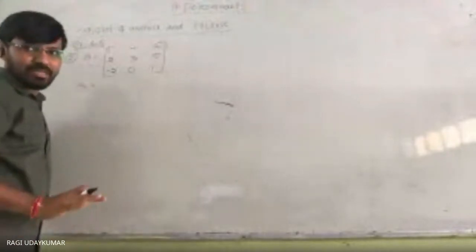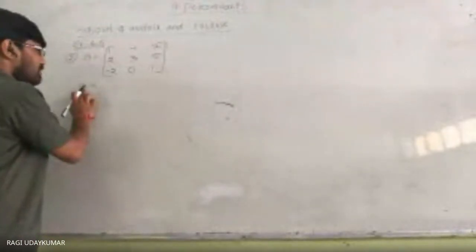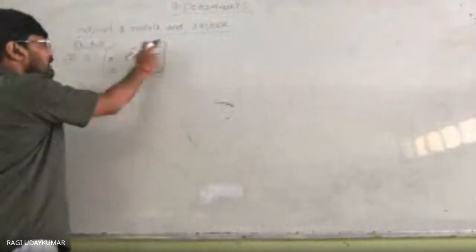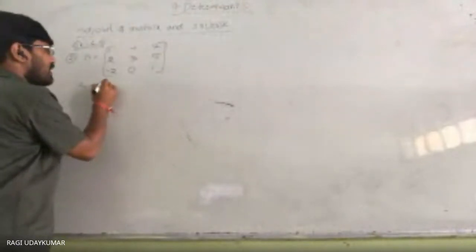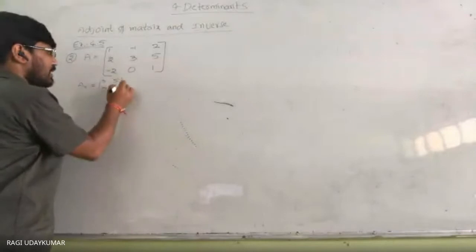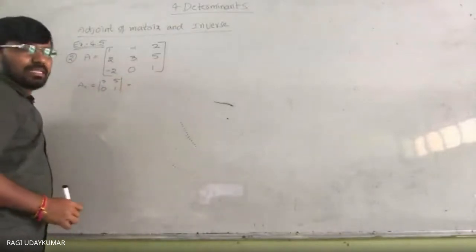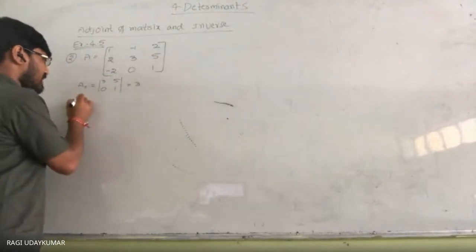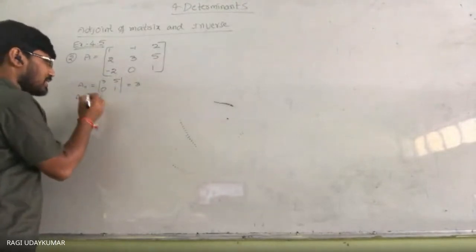So directly I am doing it: -1 to the power of 1 plus 1 is plus 1. This row and column are deleted, and we get the determinant of the matrix 0, 1, so we get 3. A11 is 3. A12 is going to be minus.